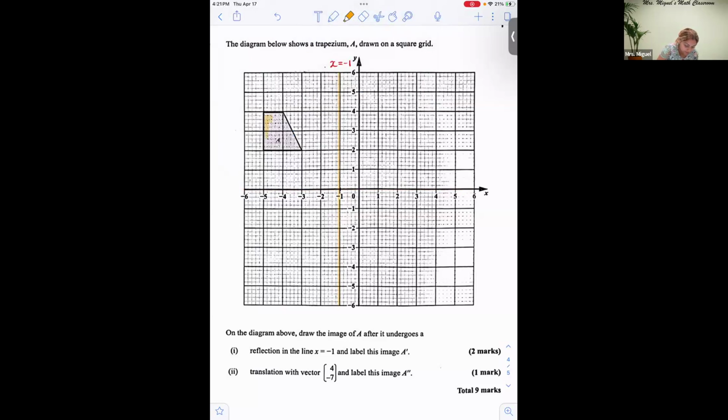How would it look when it is reflected in the line x equal to -1? Remember, it's a reflection, so you will see it somewhere here. Go ahead and do it.